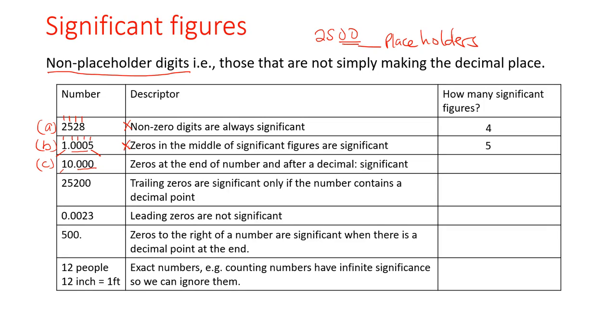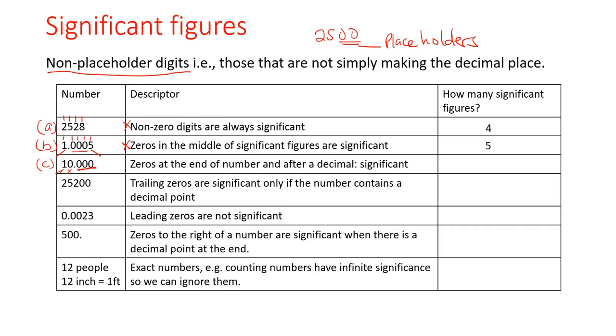Because this one is significant and these zeros are also significant, this zero here is captured between two significant sides. This side is significant, this side is significant, this zero is captured, which means this zero is also significant.